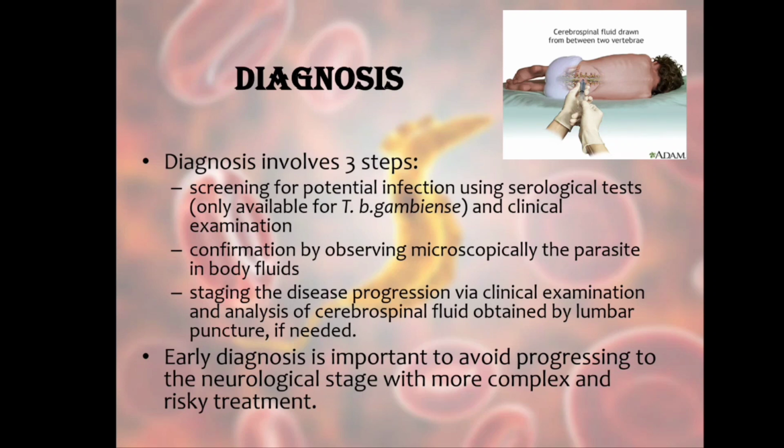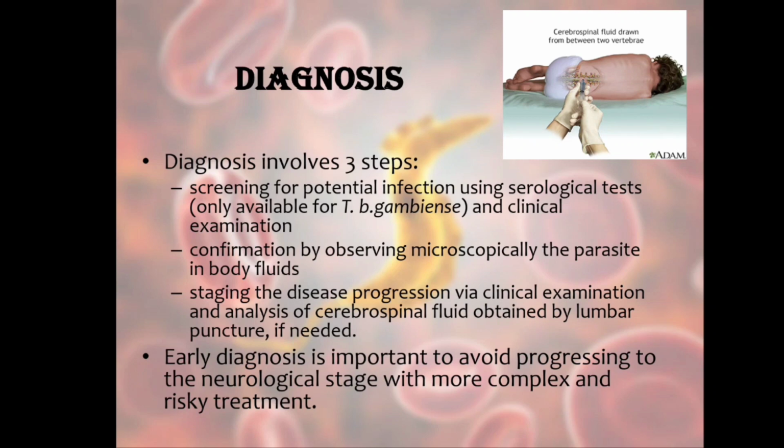For that, we take out the CSF by lumbar puncture, most probably, as it has been shown in the above picture. Also here the lumbar puncture has been shown. So this is what we will be doing for extracting the CSF, and then inside the CSF we are going to see whether the parasites are present there or not.